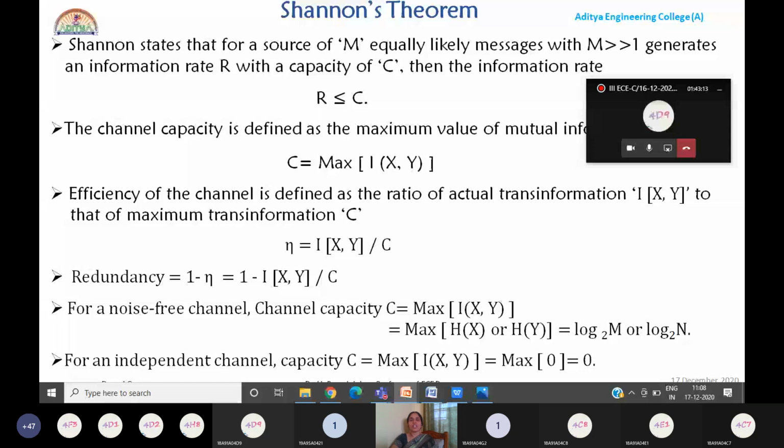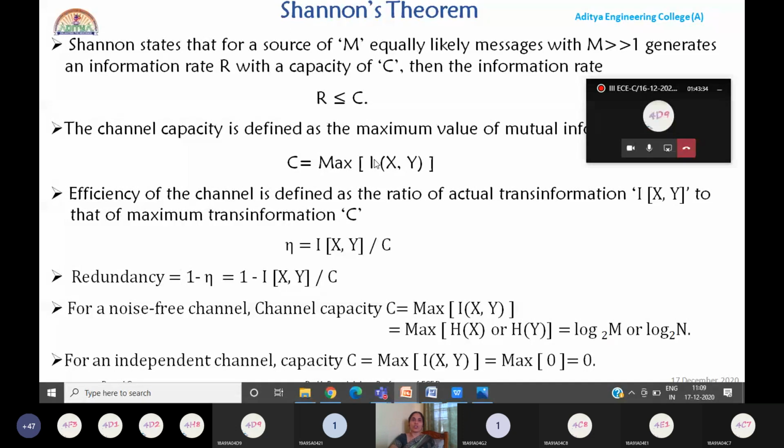Because I of xy is H of x minus H of x given y, or H of y minus H of y given x, or H of x plus H of y minus H of xy. Using these three relations, you can interrelate the mutual information with the five kinds of entropies.